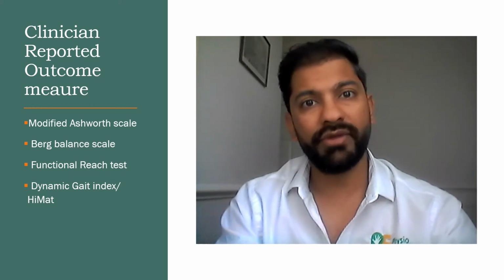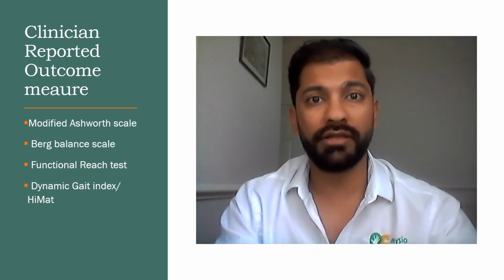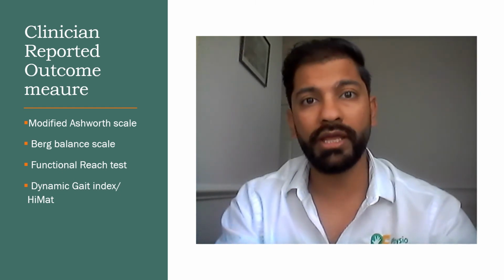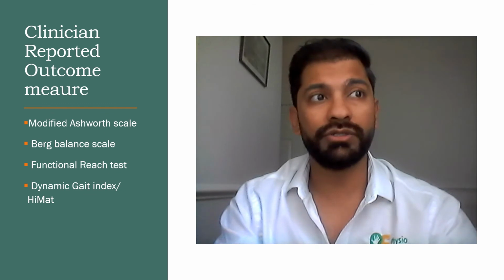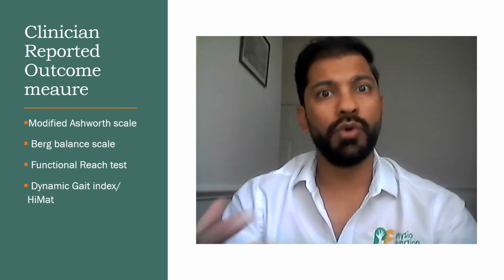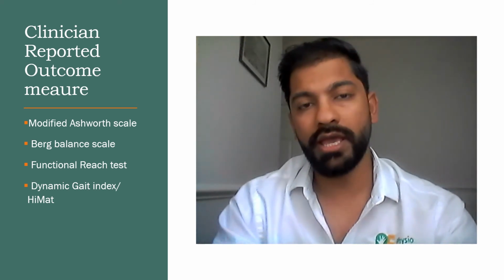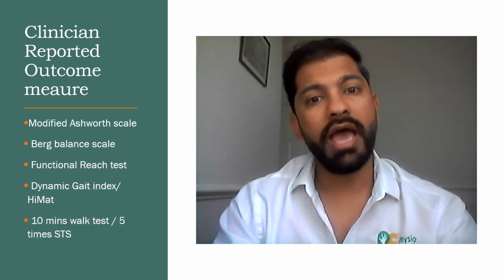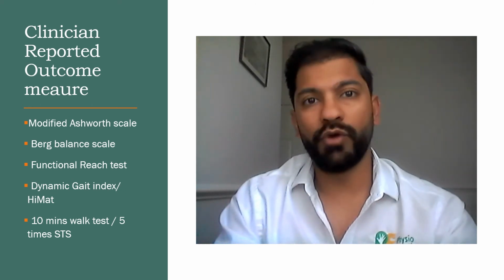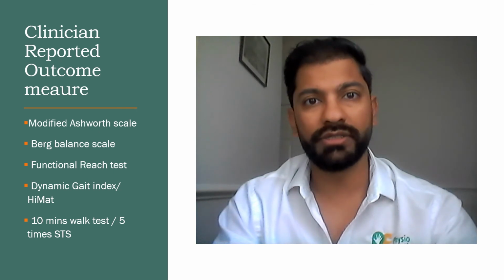Now, HiMAT is a very dynamic outcome measure, where you get patients to do things like hopping, backward walking, running, etc. For some patients who are very high level, who are walking and have incomplete spinal cord injury, this might be a very good outcome measure to do. And then you've got other standard outcome measures like the 10-meter walk test or the 5 times sit to stand test.